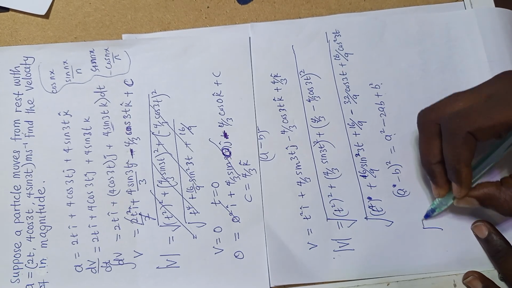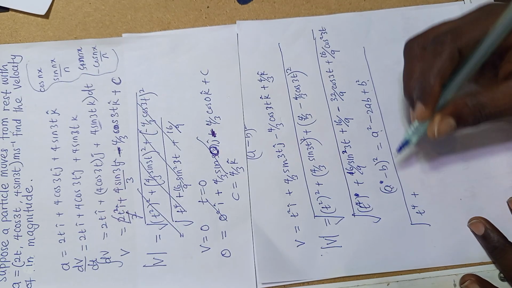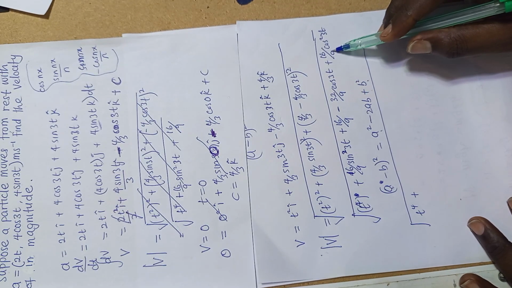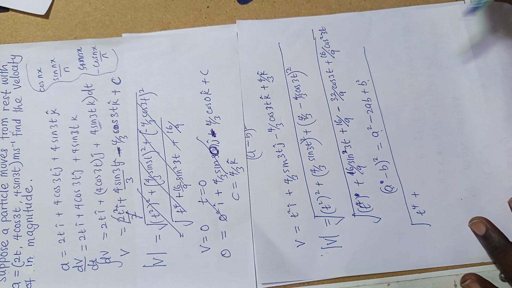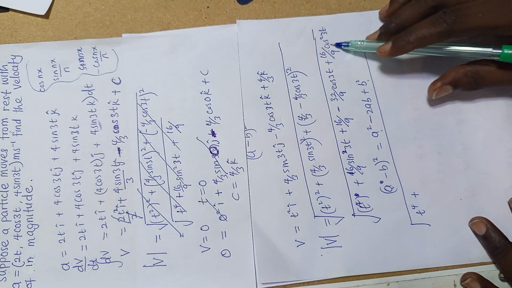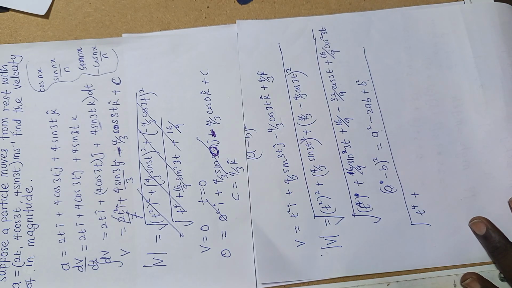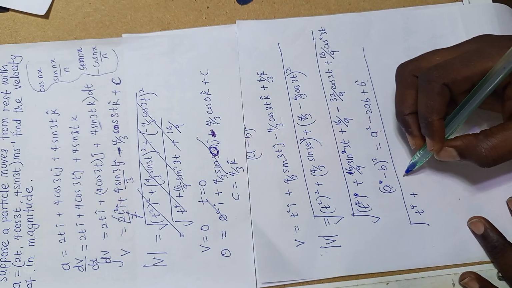Now, what I want to have now is t to the power 4 plus, let's collect like terms. Let this and this subtract each other. So if they subtract, what will we have?